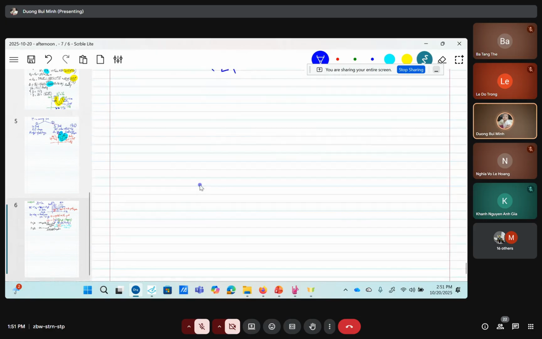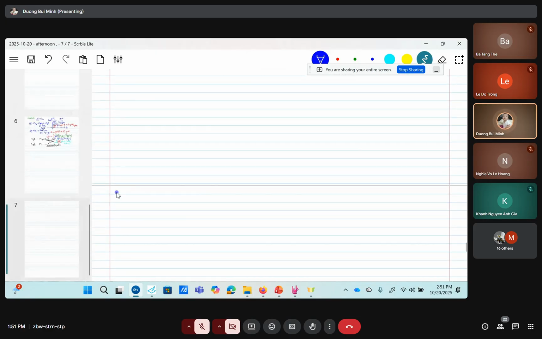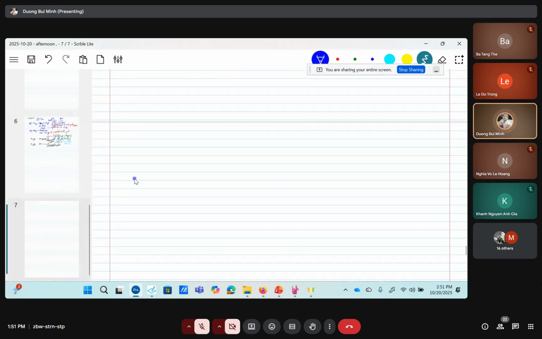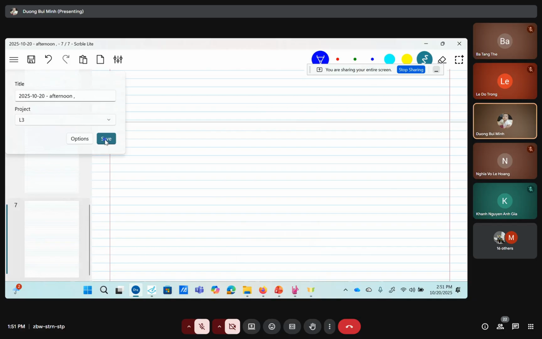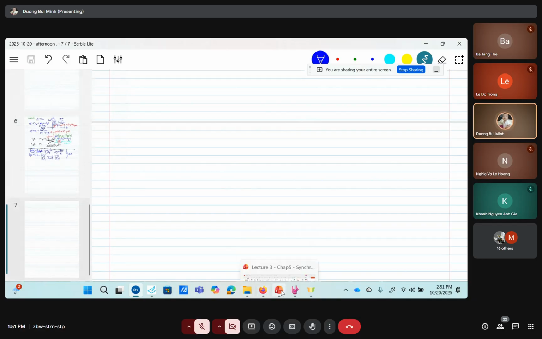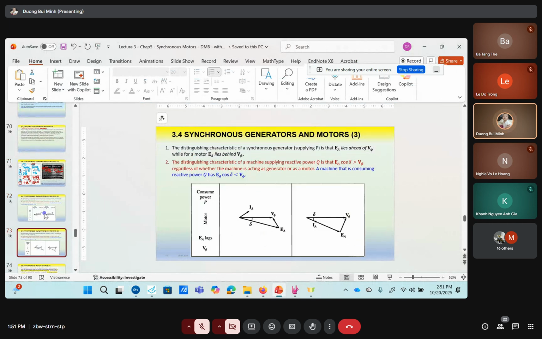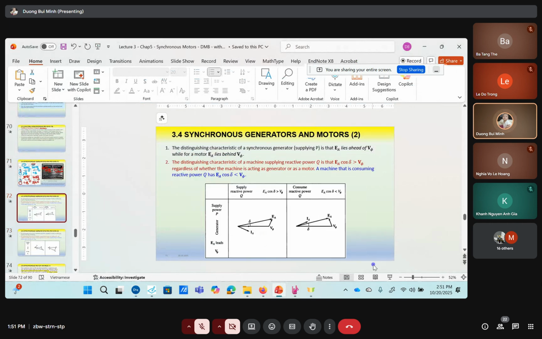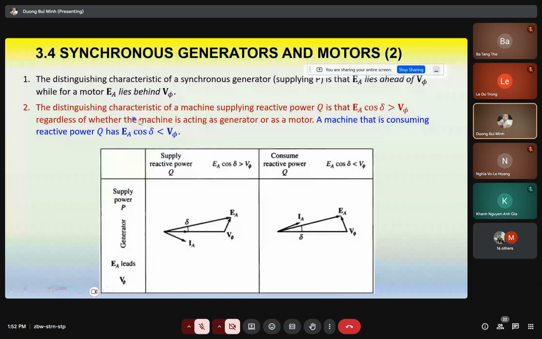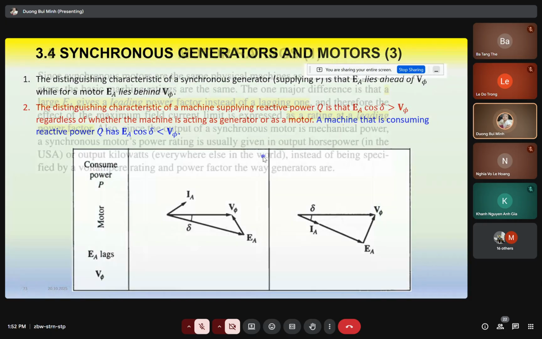Now we answer only one exercise. This one I discussed with you before, and of course we have some descriptions here so you can understand more.